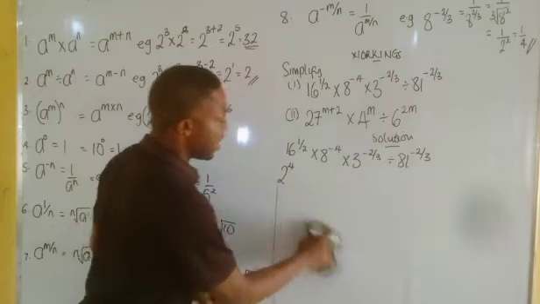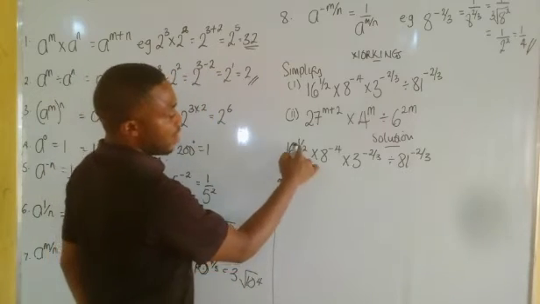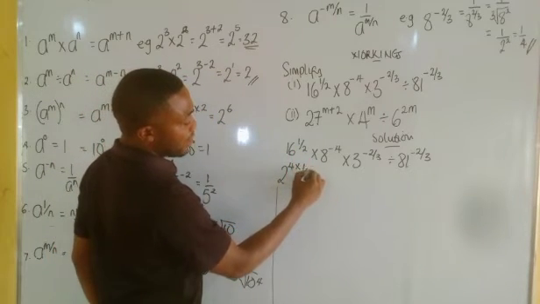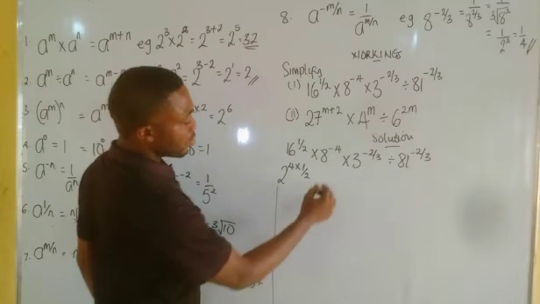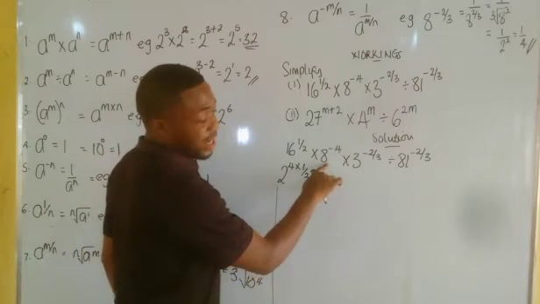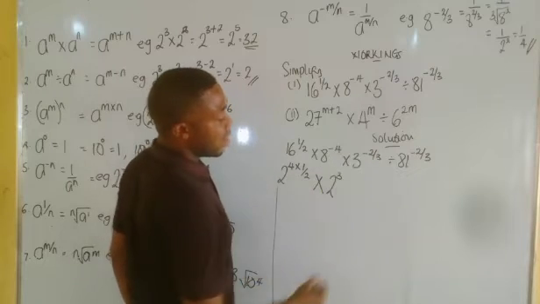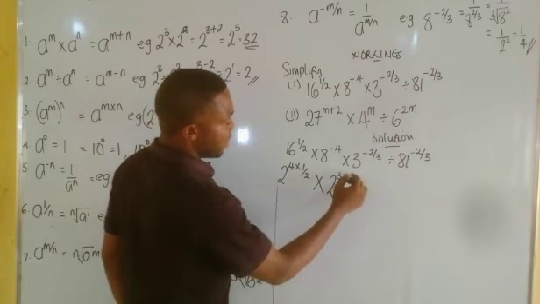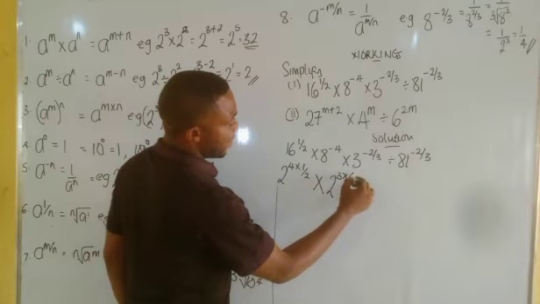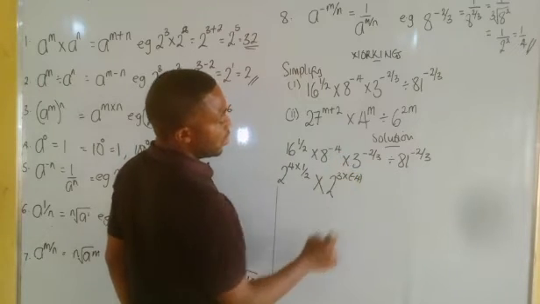Okay, so 16 can be 2 raised to the power 4. Now this 1 over 2 can be times 1 over 2. 8 can be expressed as 2 raised to the power 3, multiplied by minus 4.